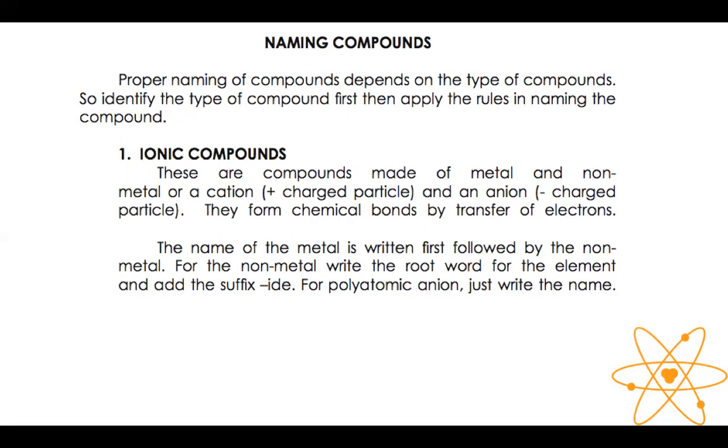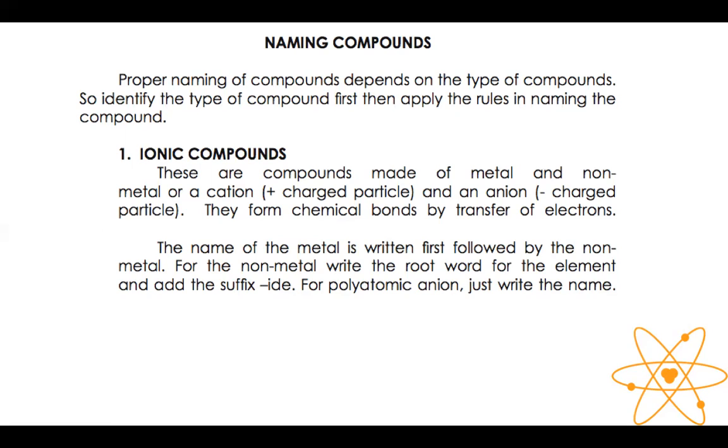An ionic compound is a combination between metals and non-metals. It can be binary, involving only two elements, or ternary, which involves three or more elements.